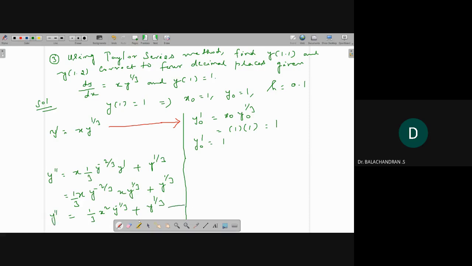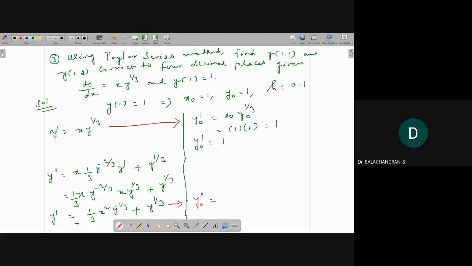So now find the corresponding y naught double dash.